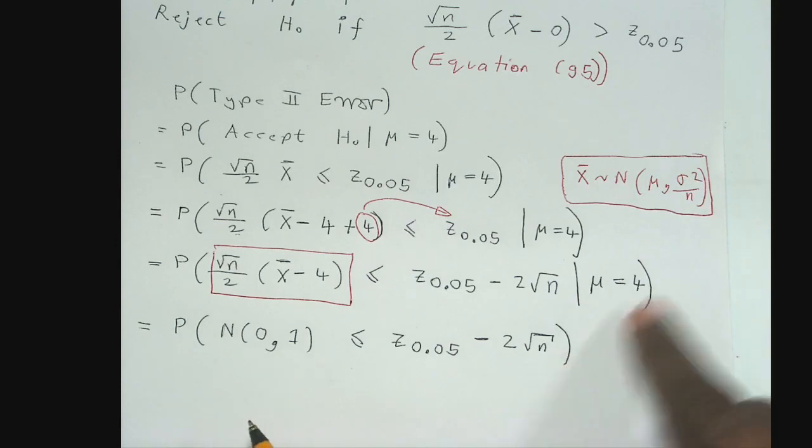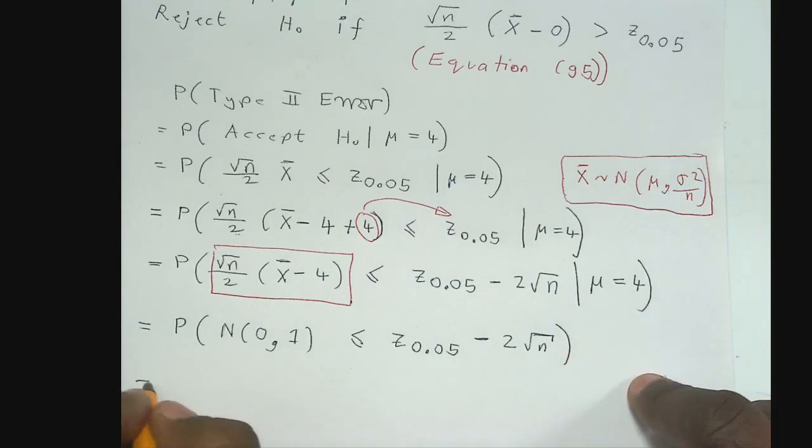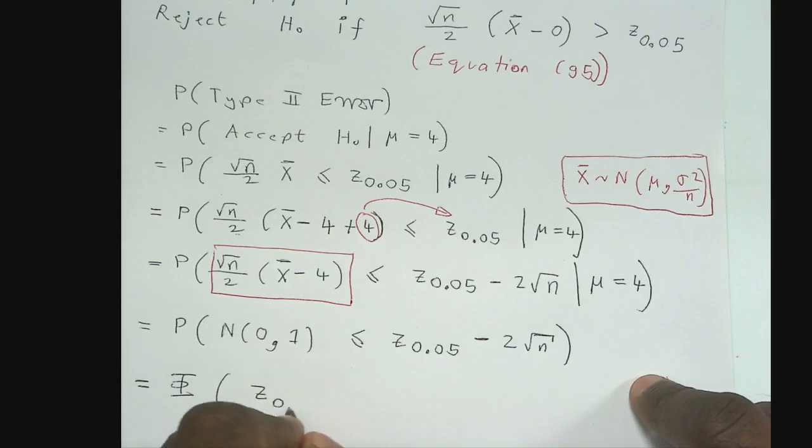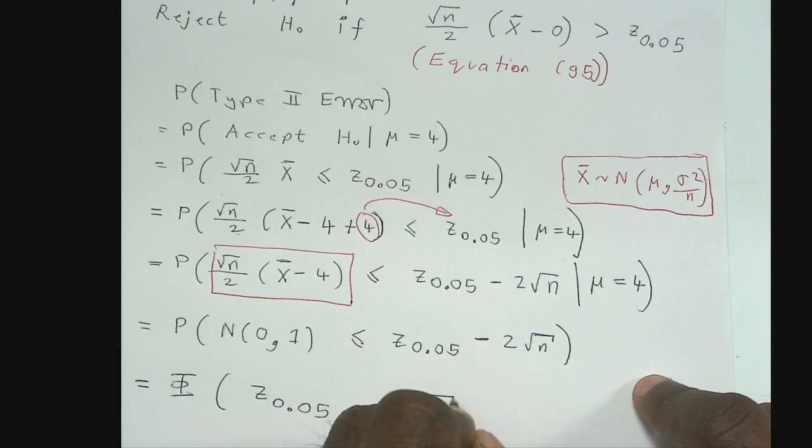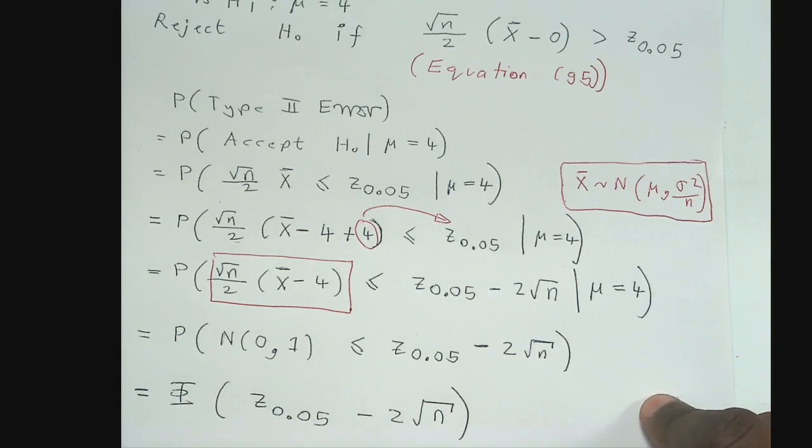So that's why I dropped it. Now this is equal to phi of, so this is the expression for the type 2 error probability, or beta. Is that clear, guys?